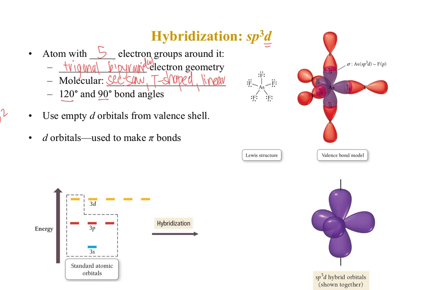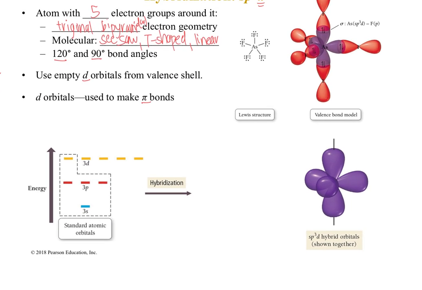So we could pull in an empty d orbital from the valence shell and use those to form sigma bonds or have lone pairs in them. And theoretically, those extra d orbitals can be used for pi bonds. So again, we have an s orbital coming in, 3 p's and 1 d, so 5 going in. We get 5 coming out, so that is sp3d, 1 s, 3 p's, 1 d, and then 4 of the d orbitals are still left unhybridized.